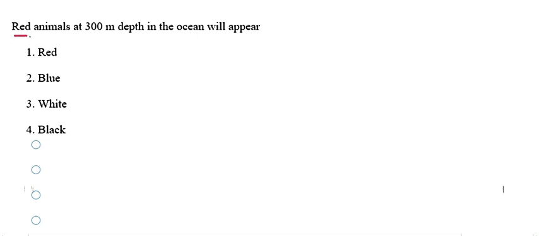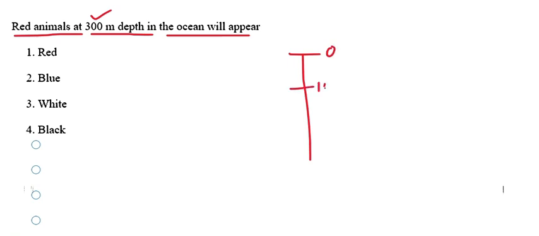Next question is: red animals at 300-meter depth in the ocean will appear what color? Options: 0-meter depth, 100-meter depth. All the radiations or wavelengths are absorbed up to a depth of 100 meters.